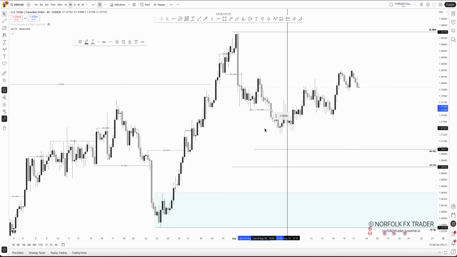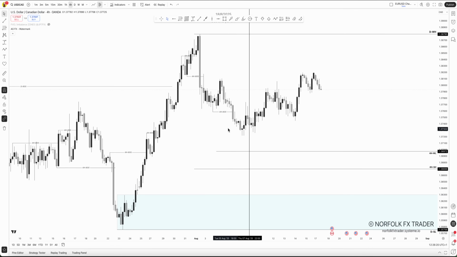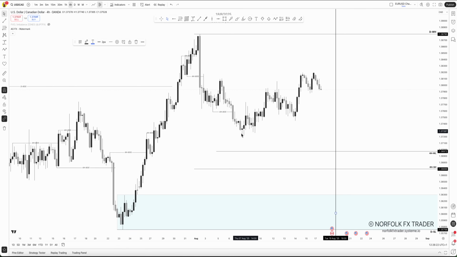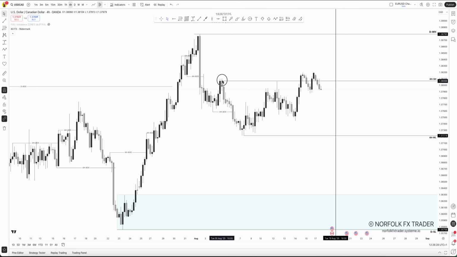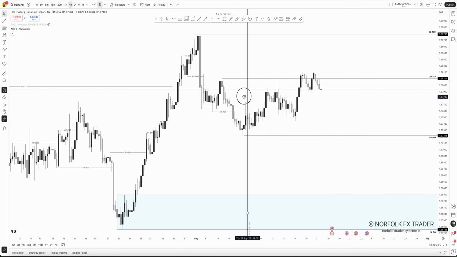Now when price came into this level that I had previously marked, this creates this current low in the market. So this would have been a current weak low, and this would have been my strong high at that point. Now the market has basically come down, held at that area I had marked on the daily, and this is where I'm going to start looking at my lower time frames. We pull back up.